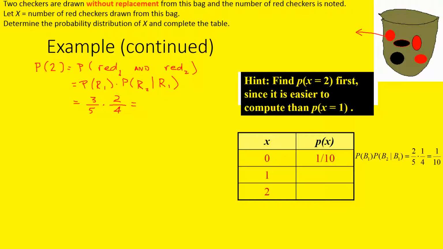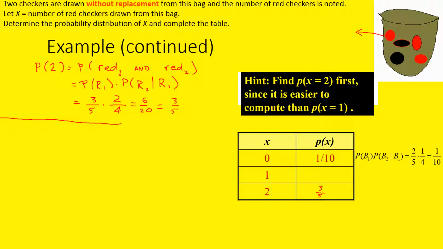So probability of 2, we're going to multiply these things, and multiplying across we have 6/20 or 3/10. 3/10 is the probability of 2 red checkers.